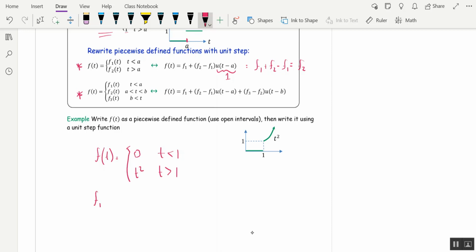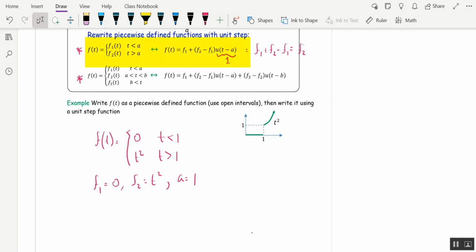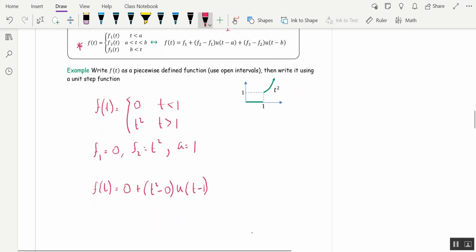So my f1 in the formula is 0, my f2 is t squared, and my a is 1.